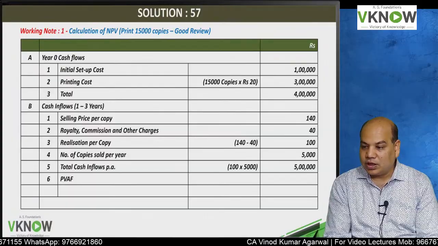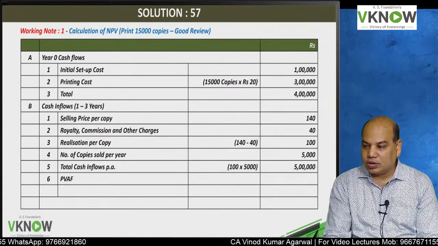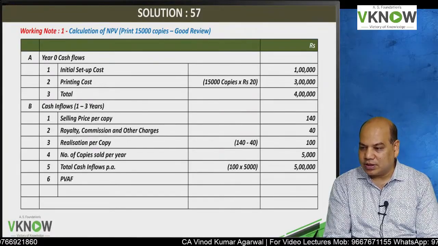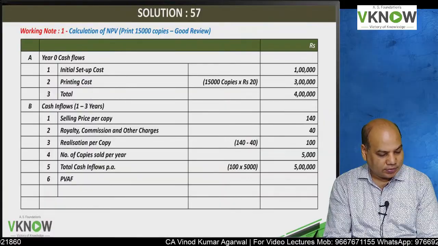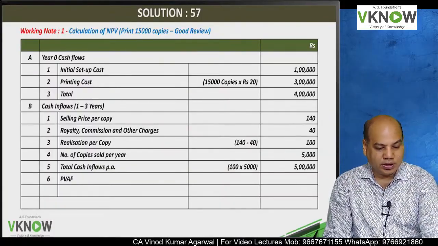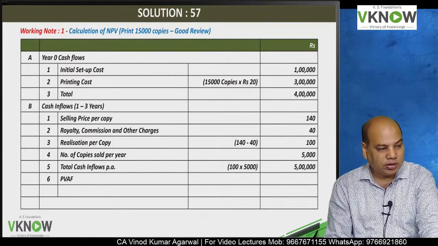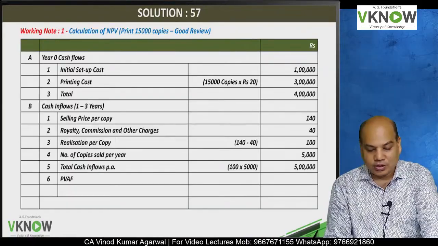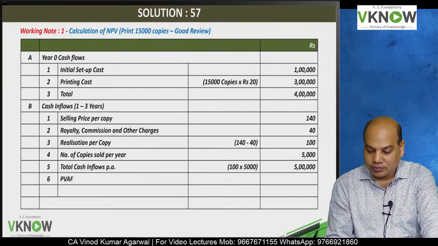Now write down PV annuity factor. PV annuity factor presentation is also important. All calculations must be presented. 10%. Is it 10%? Yes, 10% and 3 years. Anybody who would like to reply, 10% and 3 year annuity factor is how much? 10%, comma, 3 years.